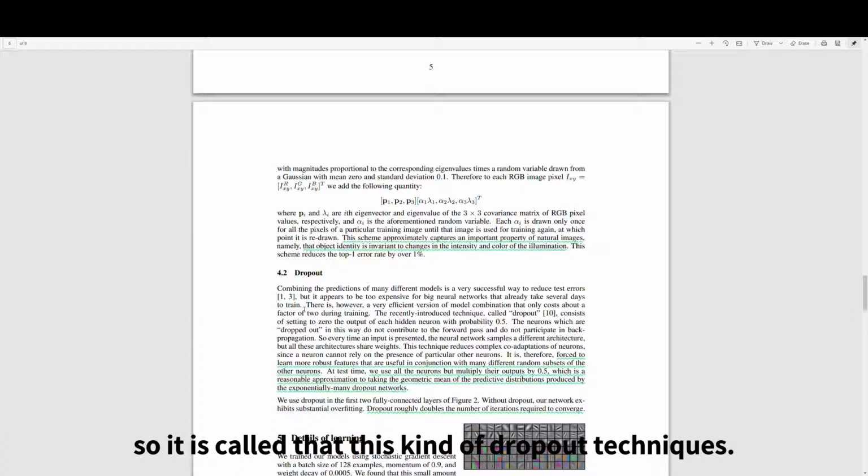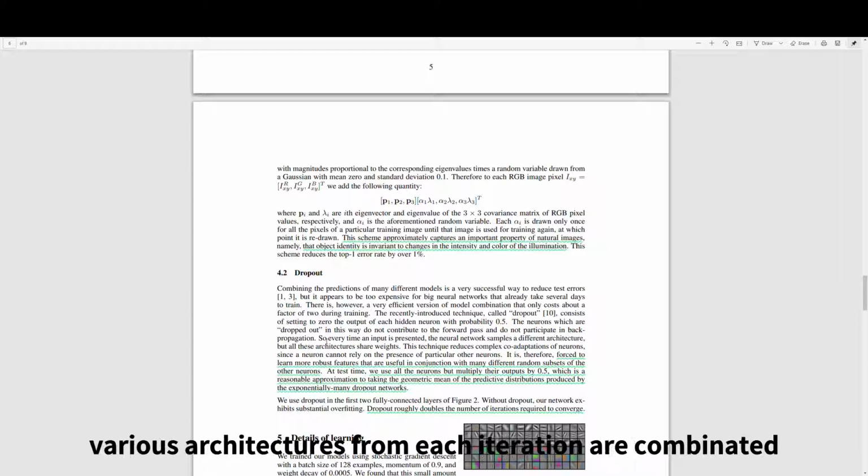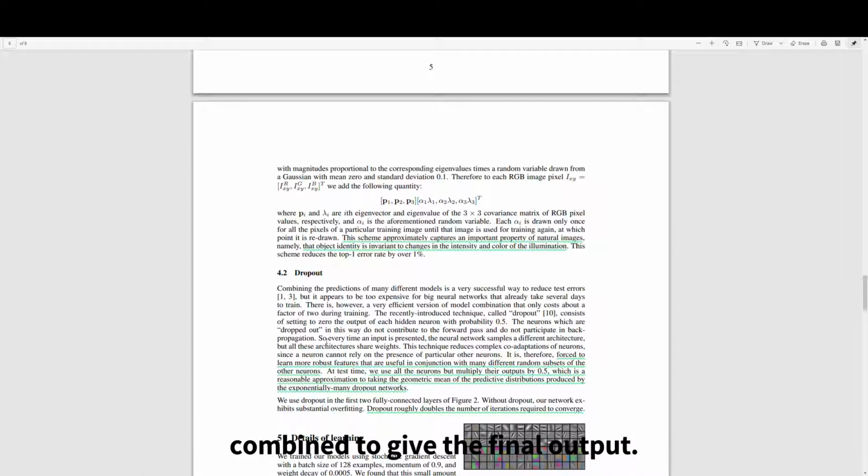This kind of dropout technique is said to be similar to an ensemble effect, because the various architectures from each iteration are combined to give the final output, like an ensemble of different architectures.